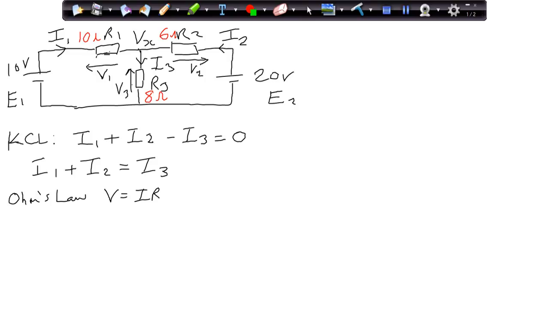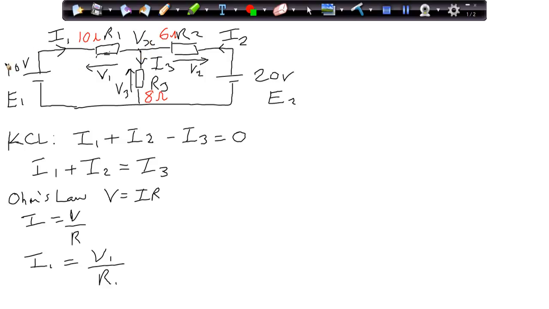So if we want to represent the current I, that equals V over R. So I1 therefore must equal V1 divided by R1. So we have to decide what is V1. Well, V1 is the difference in potential between this point and this point.